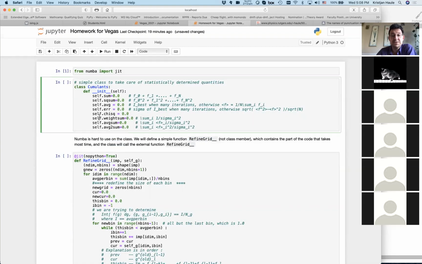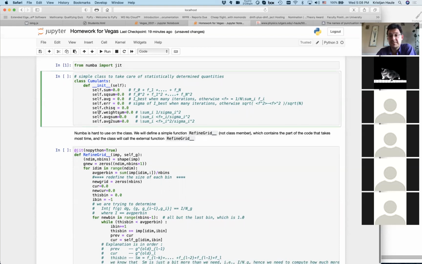At this point, cumulants will get changed, but for now, not yet. So I just copied literally from the previous exercise this cumulants. It's the same thing.